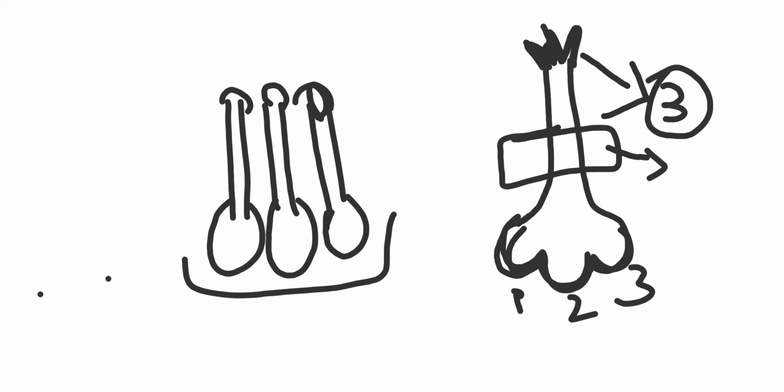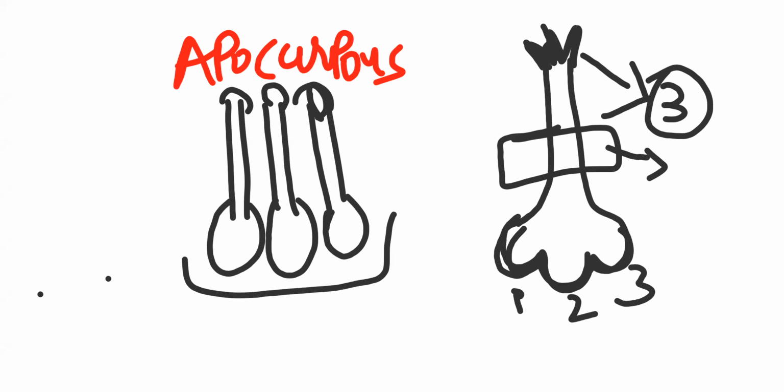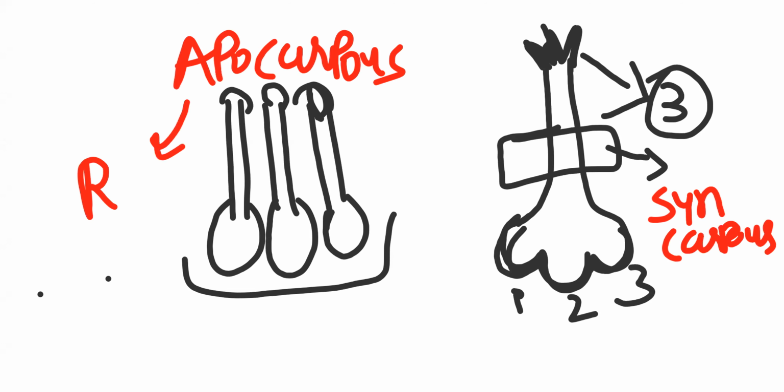Right? So if carpels are free from each other, we call it apocarpous condition. And if carpels are fused to each other, we call it syncarpous. Apocarpous in case of rose and lotus.